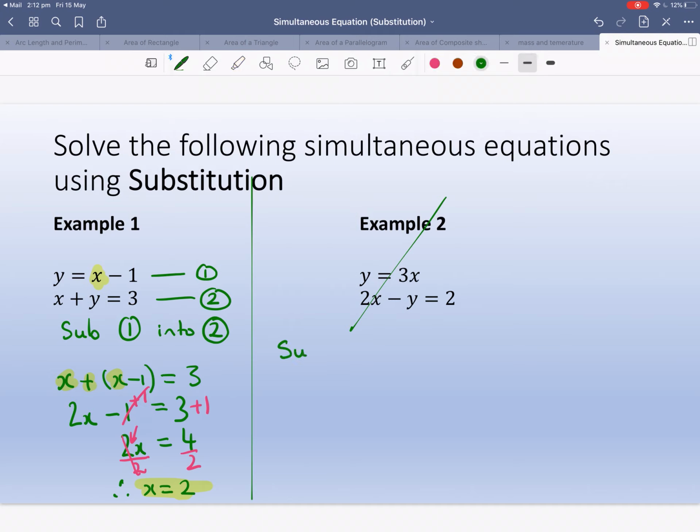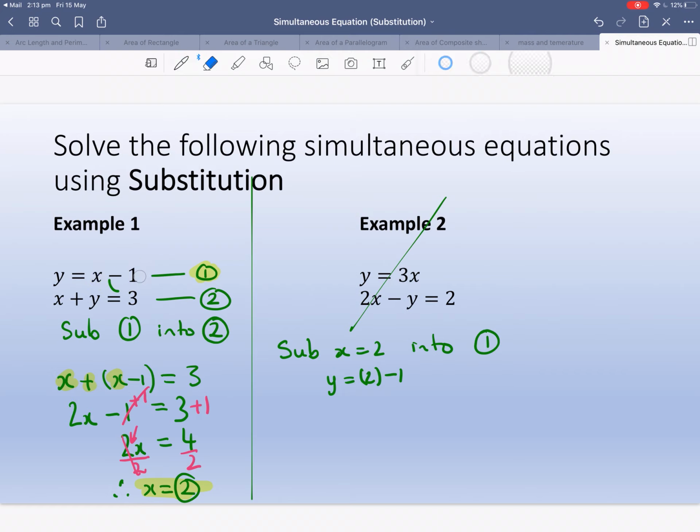I'm going to sub x equals 2 into equation number 1. And now I'm going to rewrite it. y equals, what was x? It was 2. So I'm going to put that in place of x. So 2, and then I'm just going to write the rest of this, minus 1.